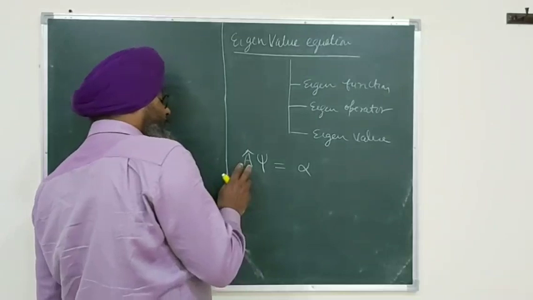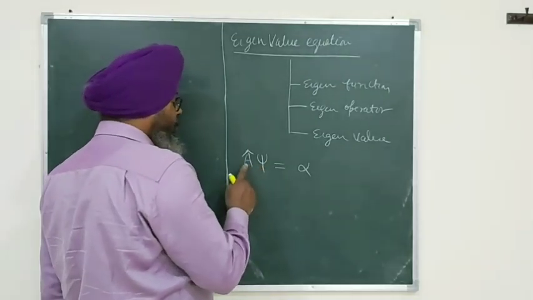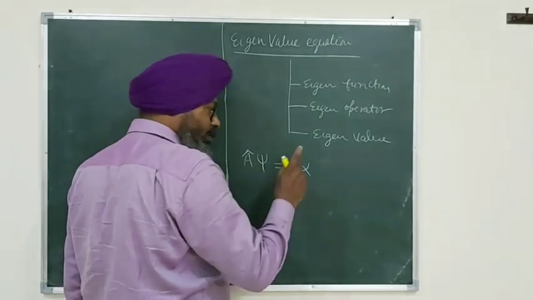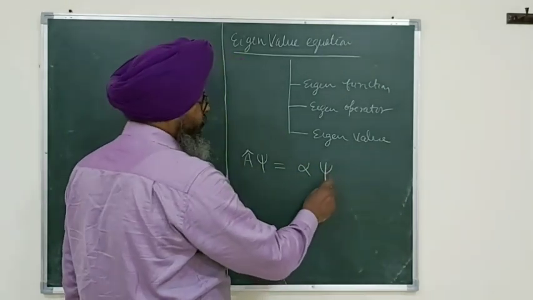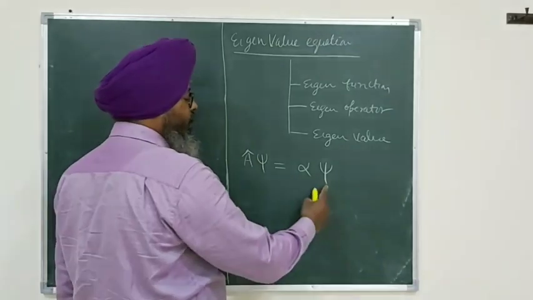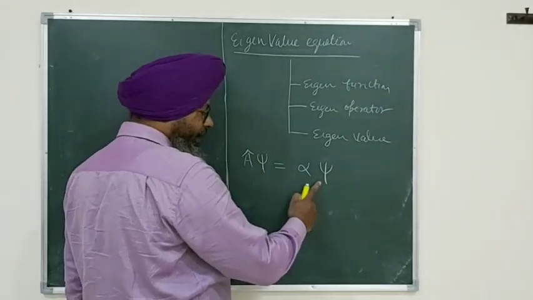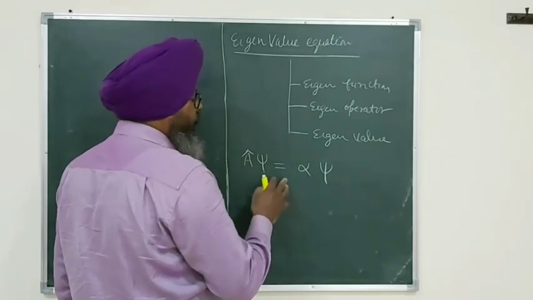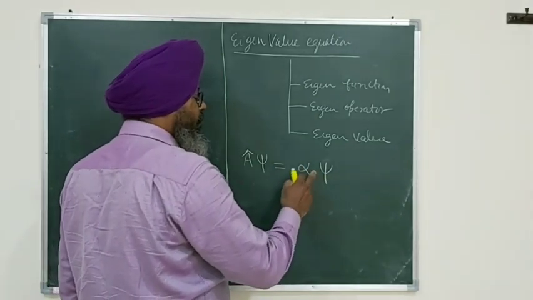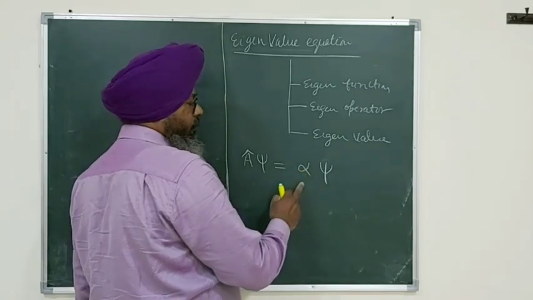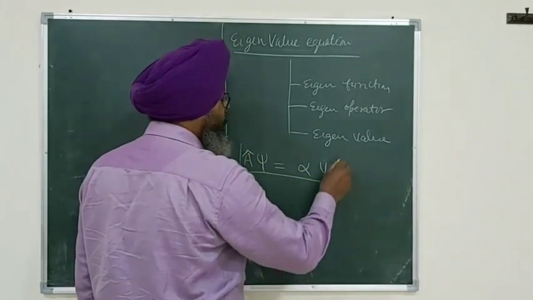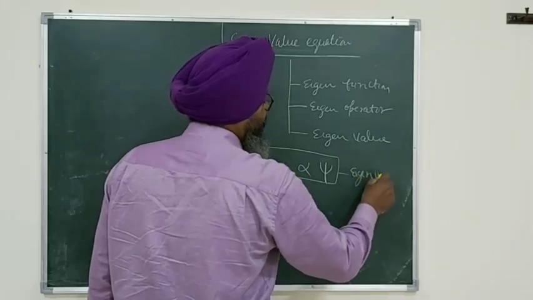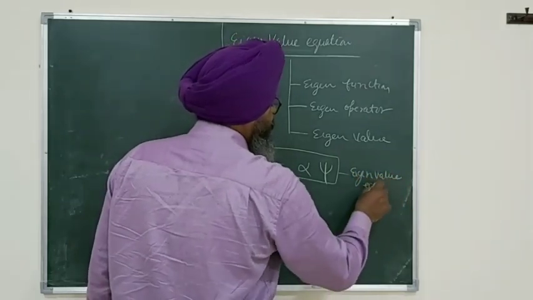If I operate on a wave function psi with some operator A, and in the result I get the same wave function psi, and you remember this wave function and this wave function should be exactly identical, multiplied with some constant, then such an equation is called an eigenvalue equation.